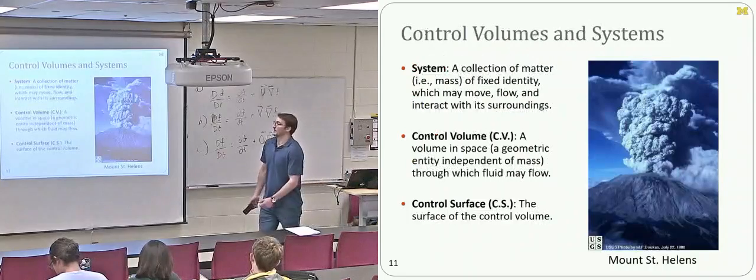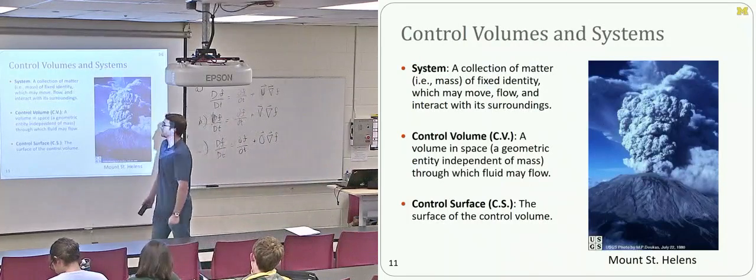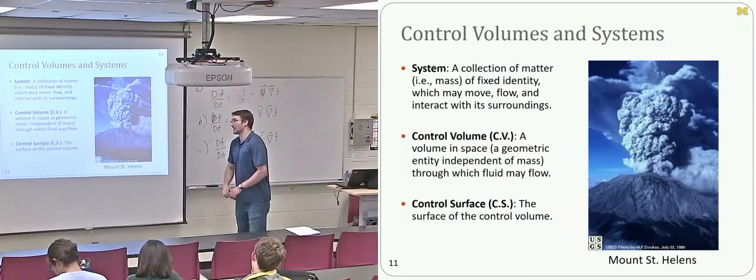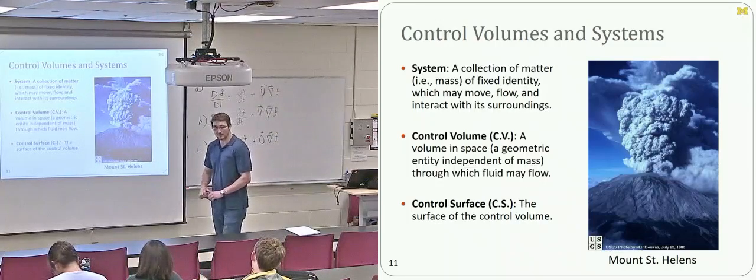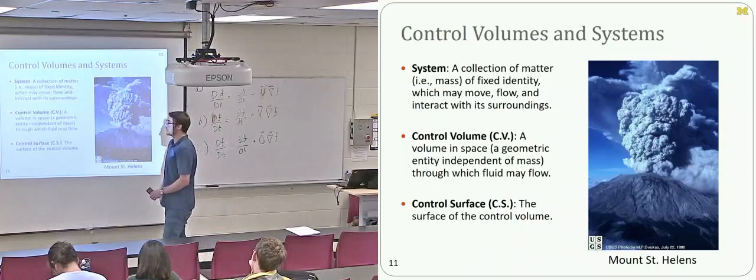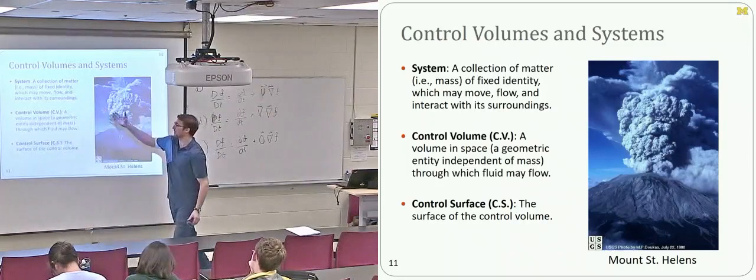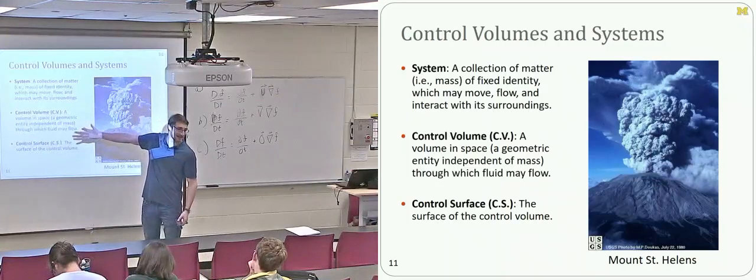So, system: a collection of matter with a fixed identity, meaning always the same little pieces of matter, which may move, flow, and interact with the surroundings. A control volume, on the other hand, is a fixed volume in space. So this is sort of our Eulerian idea.